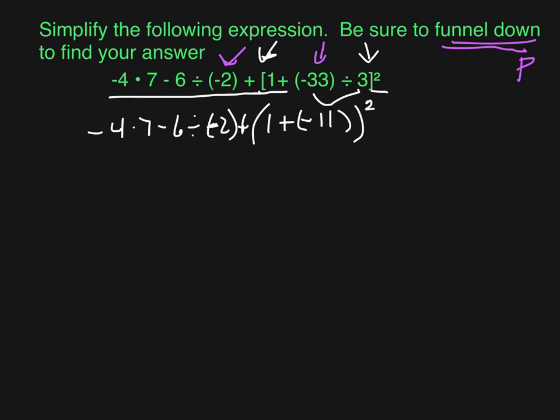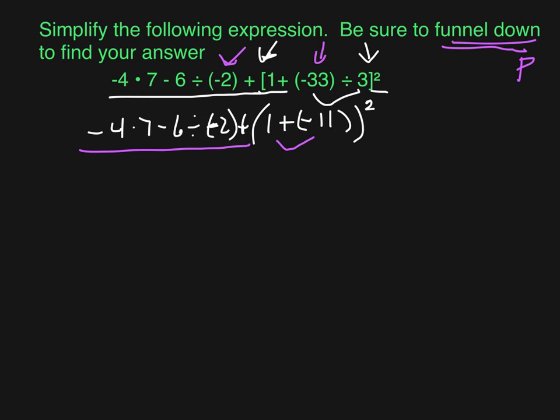Okay, so I still have something inside the parentheses that I need to attend to right here, and that's 1 plus negative 11. Those signs are different. I use the larger absolute value, and I find the difference of those two numbers.